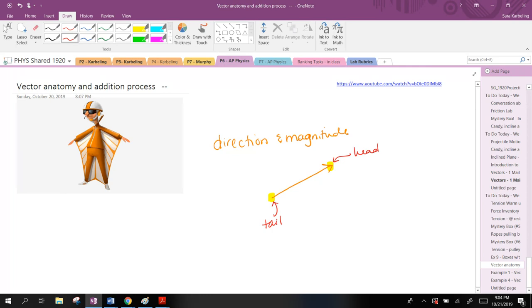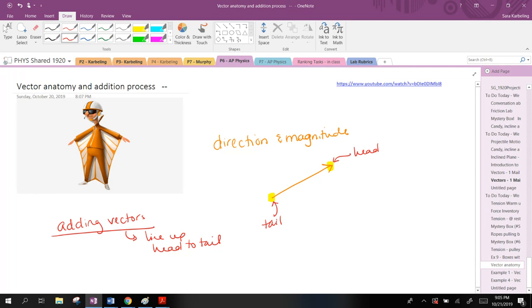And generally when we add vectors, I'm just going to write this down, adding vectors, we do so by lining them up head to tail, so that they add up to give you a total.